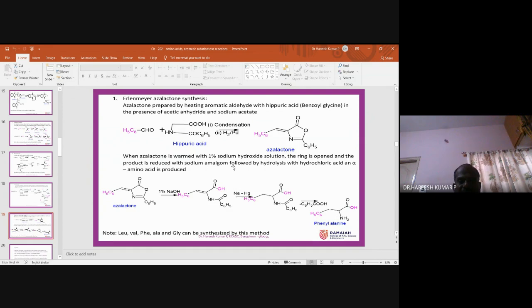Suppose the amino group of one amino acid reacts with the carboxylic group of another amino acid, then the obtained bond is called a peptide bond, and the obtained compound is called a dipeptide. I will go to the next slide.